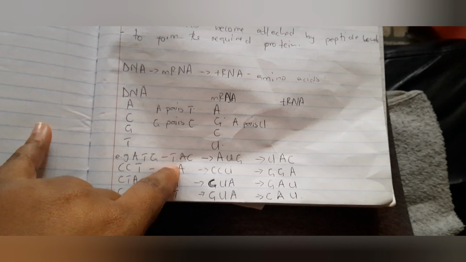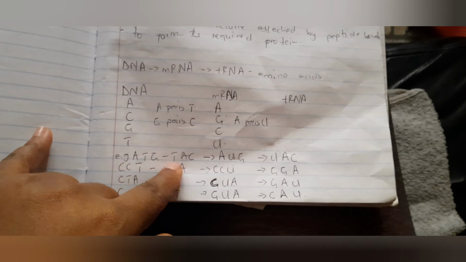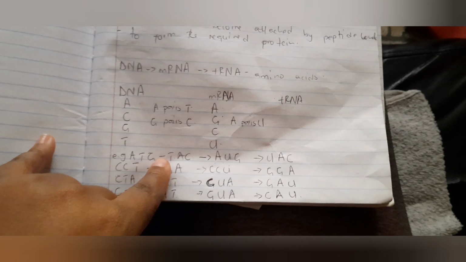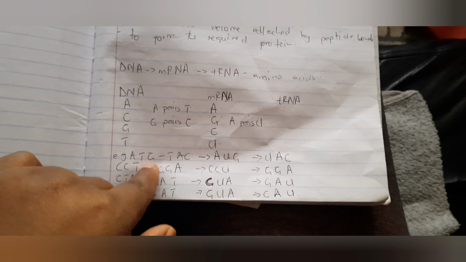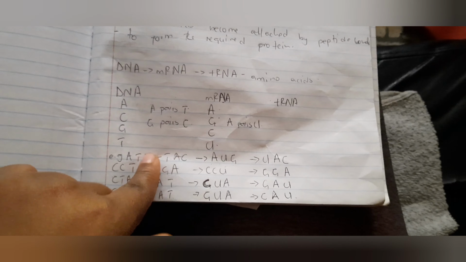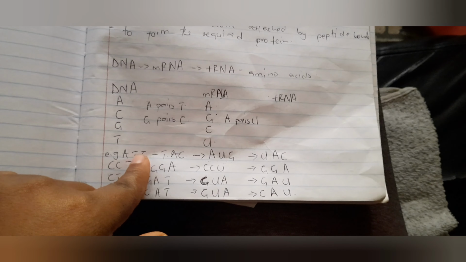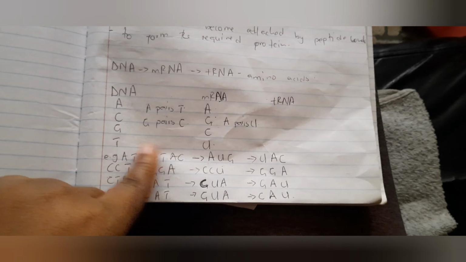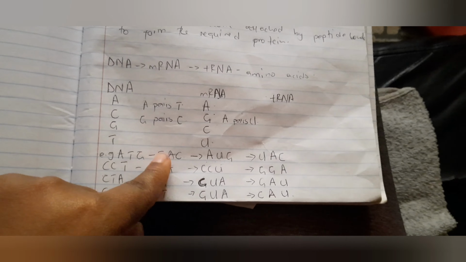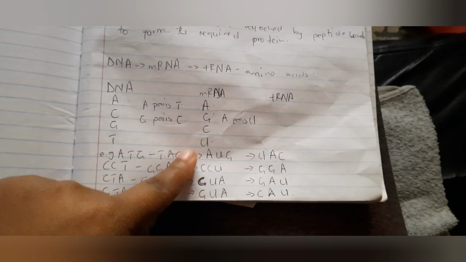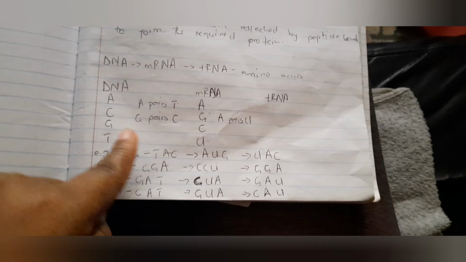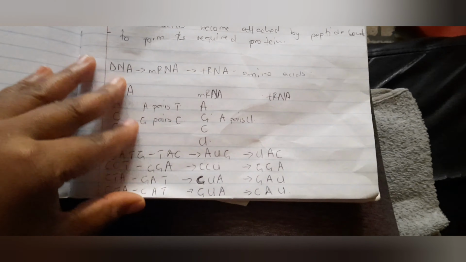So your T gets paired with A, A gets paired with T, and C gets paired with G. So this is how you know your complementary DNA. You have 2 DNA strands here, so you have to go again for the second DNA. So the answer is this one.